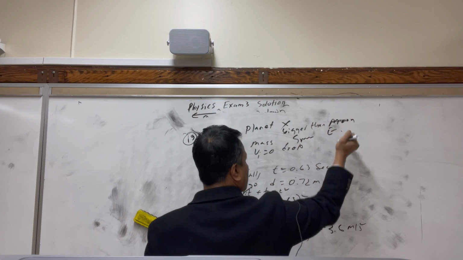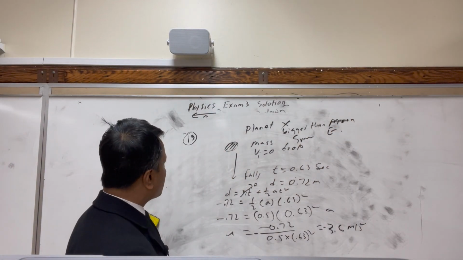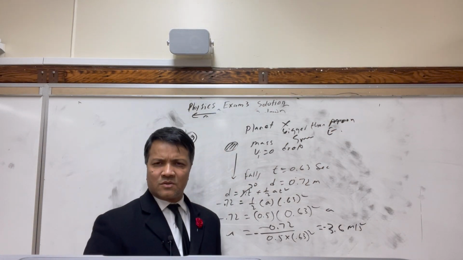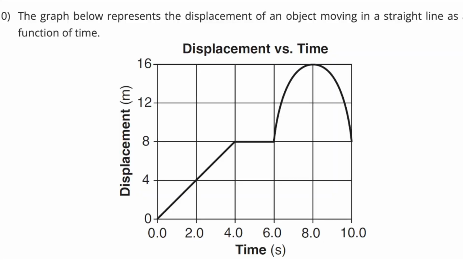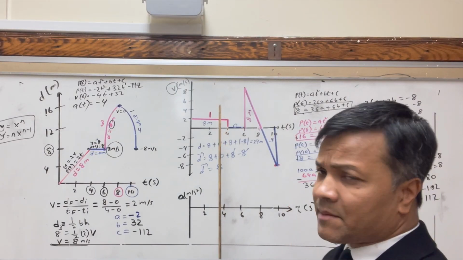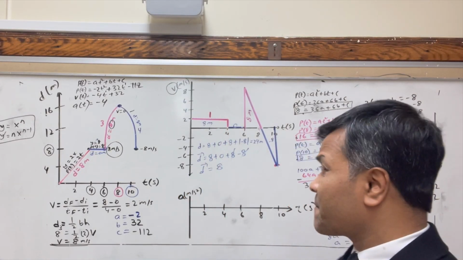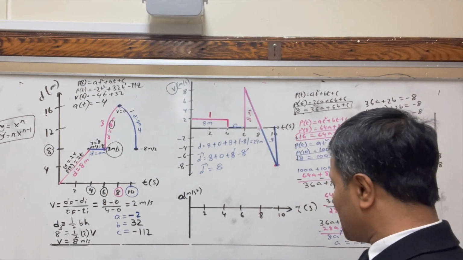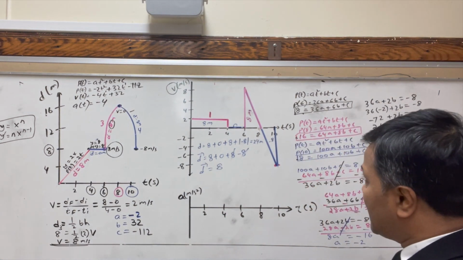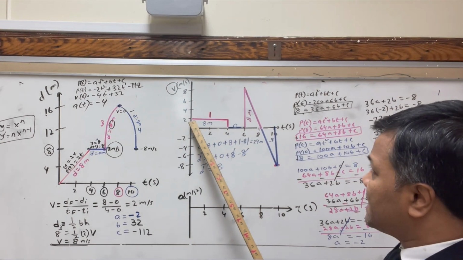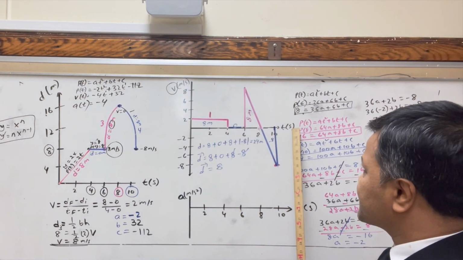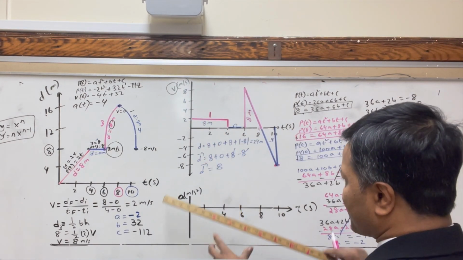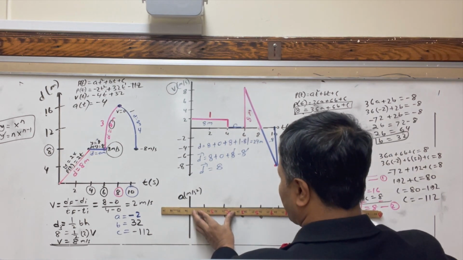All right. Okay, so let's do number 20, and 20 is the last problem. Draw the acceleration versus time graph from the graph right here. All right, so let's do it. If the velocity versus time graph is horizontal, acceleration is 0.